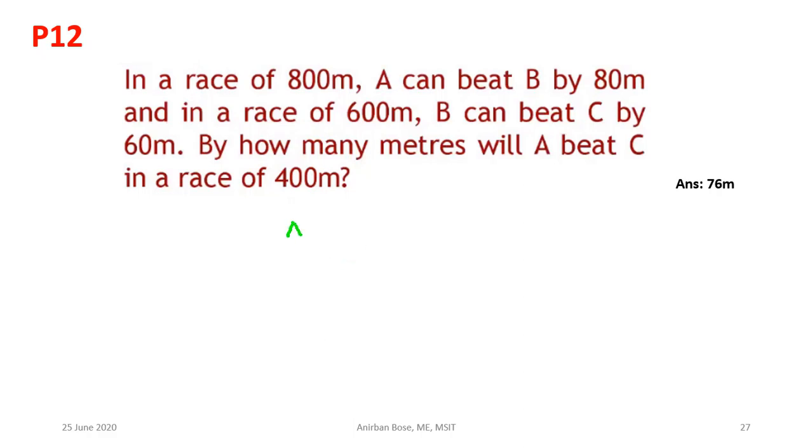That means when A moves 800 meter, then how much does B move? It is 80 meter back, so 720 meter. Since in the same time A moves 800 meter and B 720 meter, their velocity ratio is 800:720.